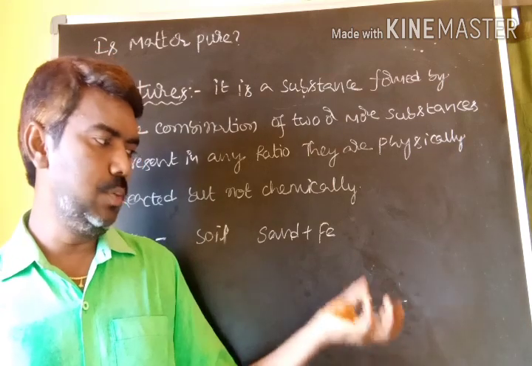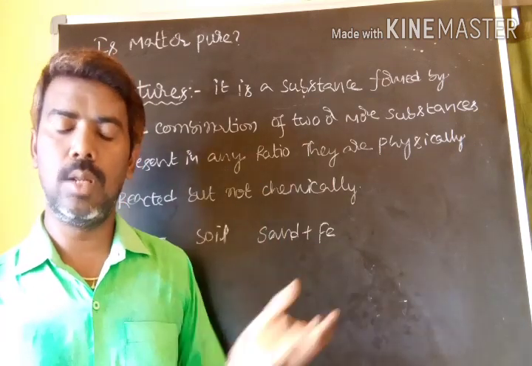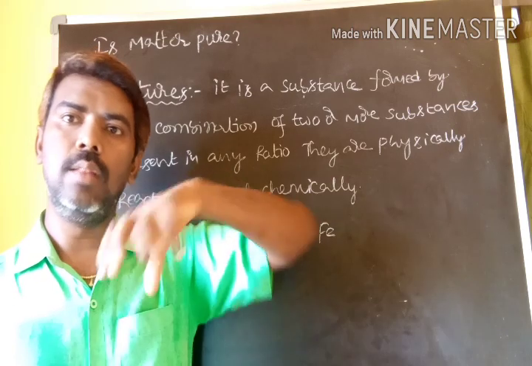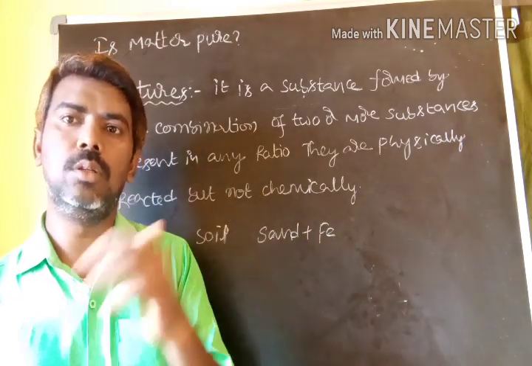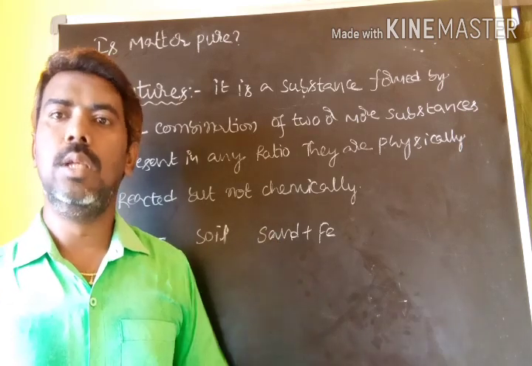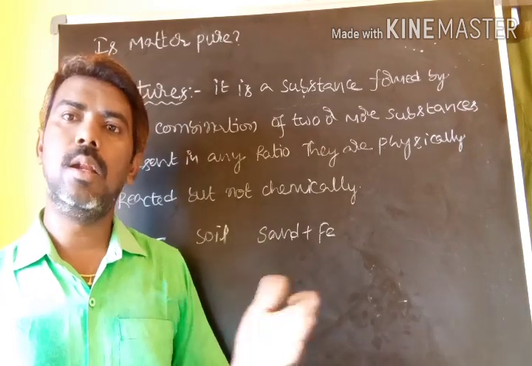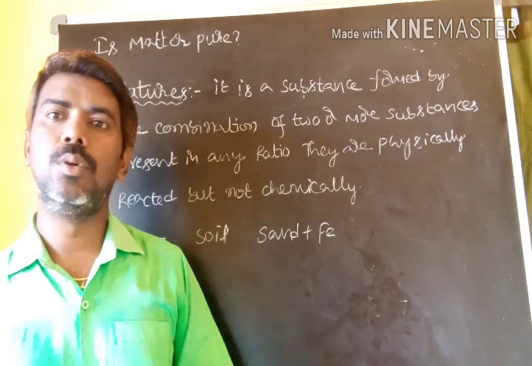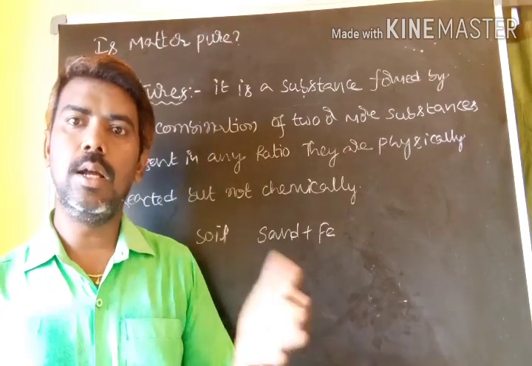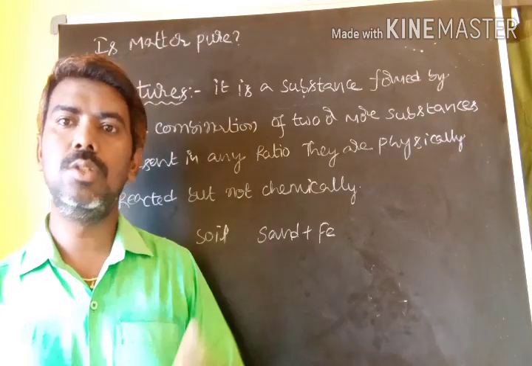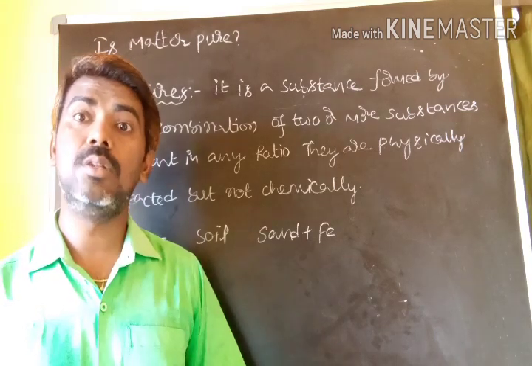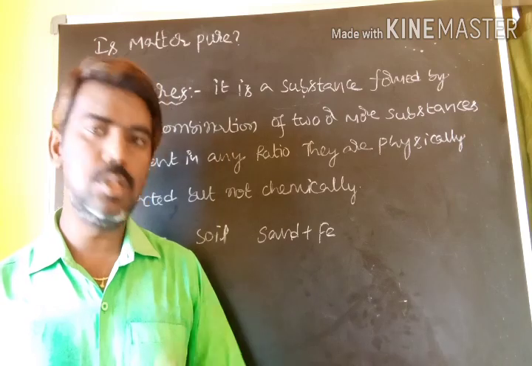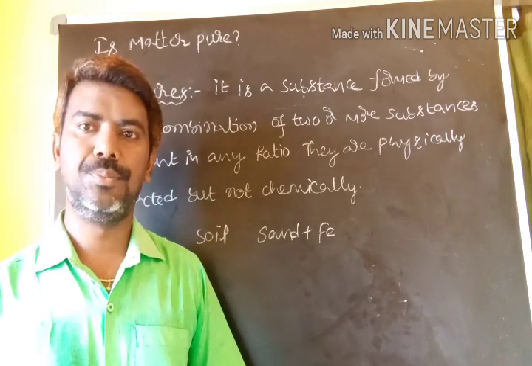Then I take the crushed mixture in a vessel and pour water. The sand particles are insoluble in water, and the iron left in the vessel is attracted by the magnet. Before mixing and after mixing, the properties of the substances are not changed. Then the process is called physical contact.